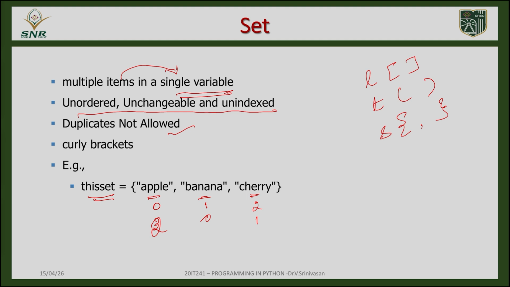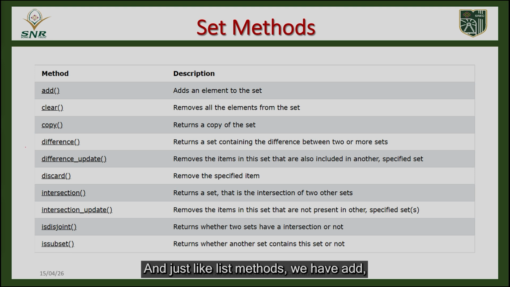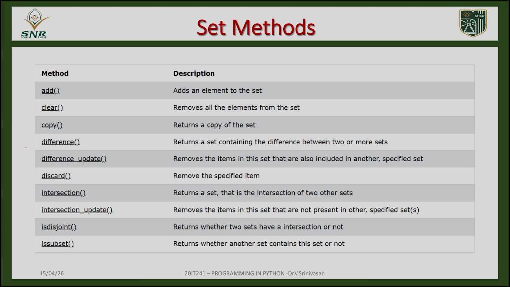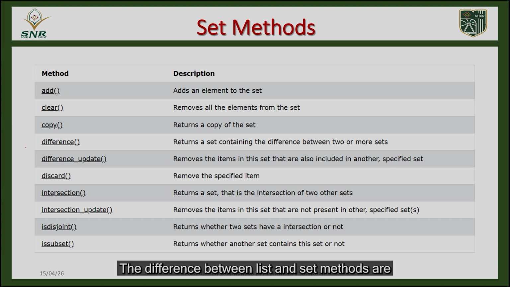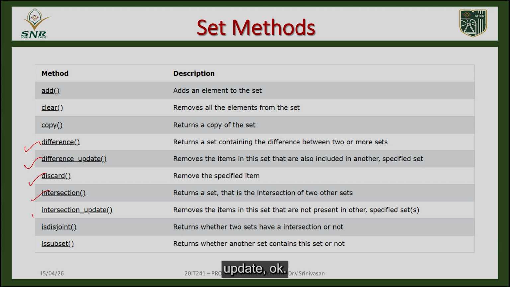And just like list methods, we have add, clear, copy, all these. The difference between list and set methods are these: difference, difference update, discard, intersection, intersection update.